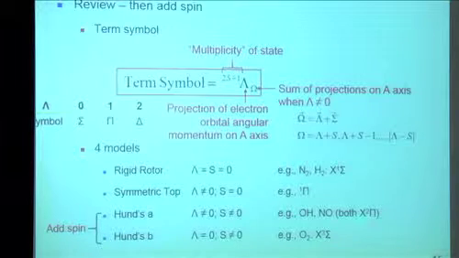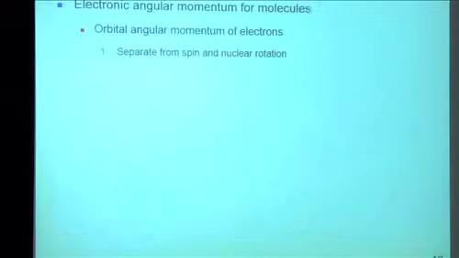That is, the ground state X is 2 pi. 2 pi says that the spin is a half, and there are 2 solutions. There will be a 2 pi 1/2 and a 2 pi 3/2. That'd be 3/2 and 1/2 down here. Hund's case B applies to oxygen. Oxygen is X 3 sigma. What does that mean? The spin is 1. That turns out to have a different set of rules. We'll see.